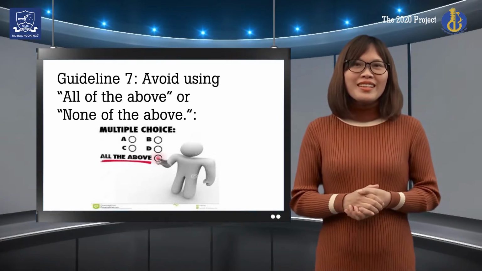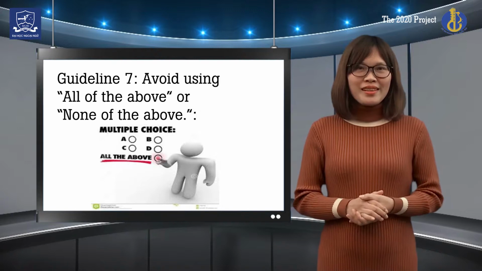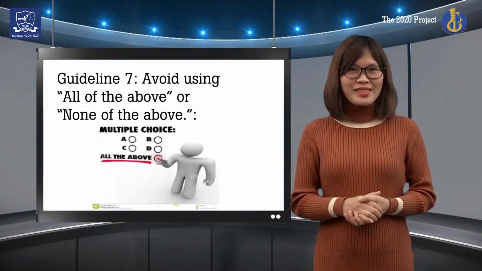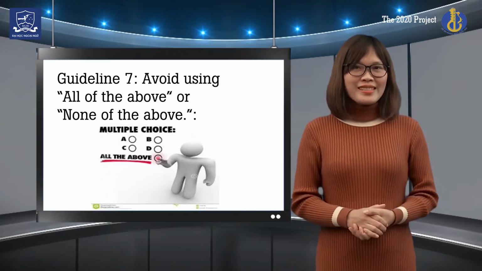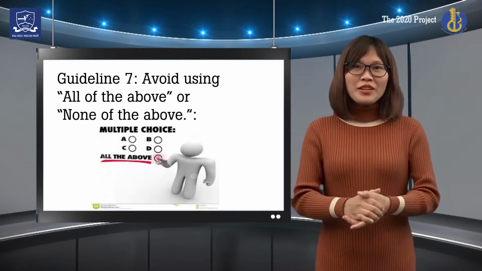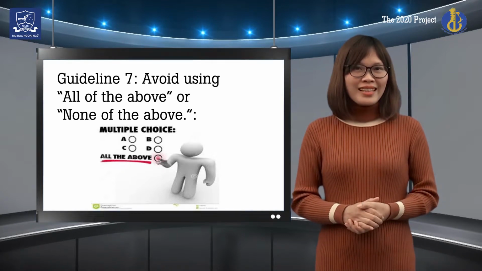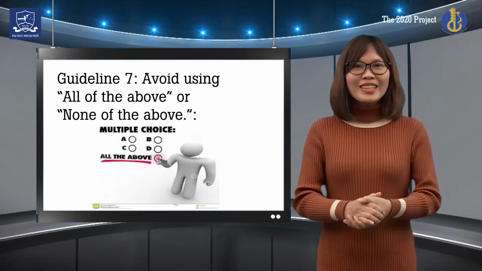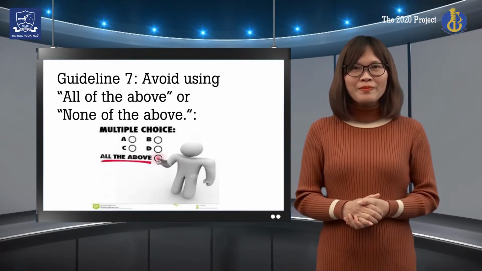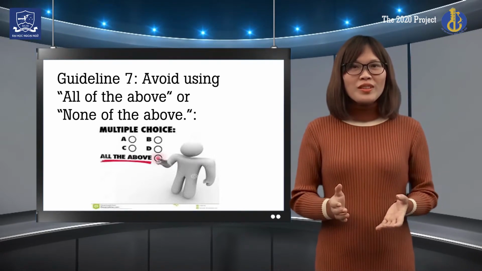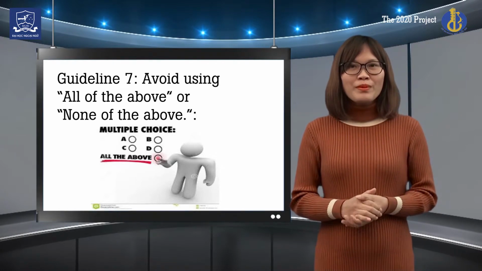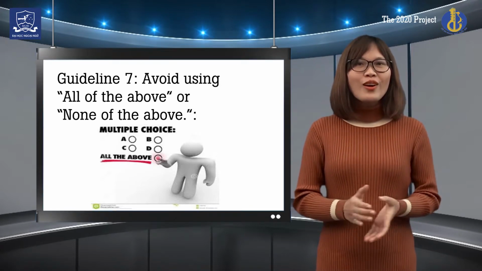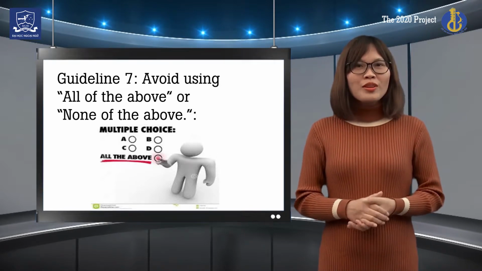You may have put in the old pattern all of the above or none of the above as the last answer choice. The problem with this is students may see the very first answer as a response and select that one because they are in a hurry and not get to all of the above. Likewise, students may see 2 of them but not know the other 2, as the third and the fourth, and select all of the above. So, avoid it.